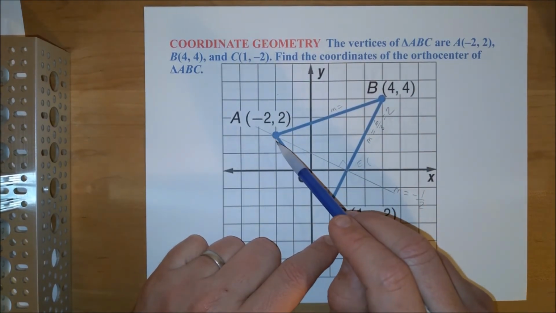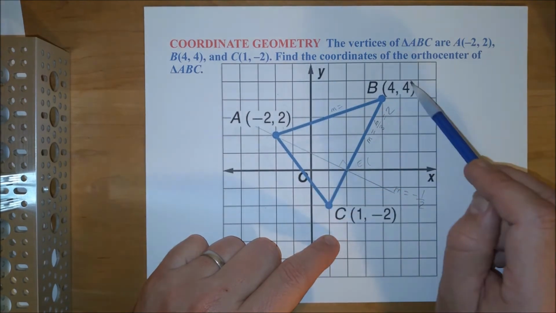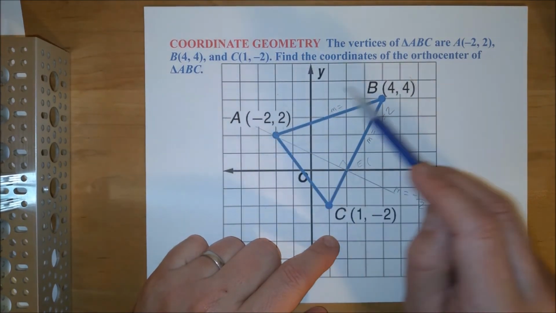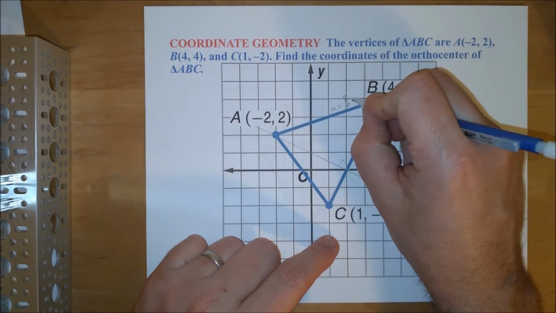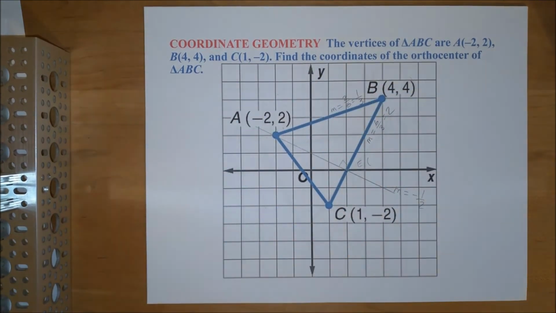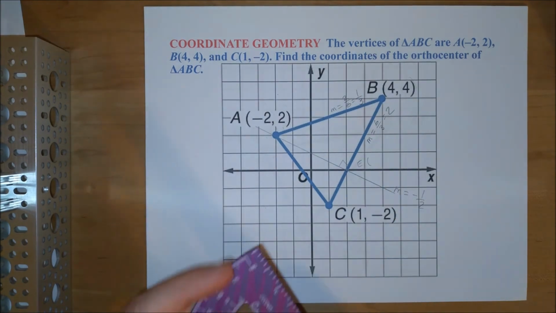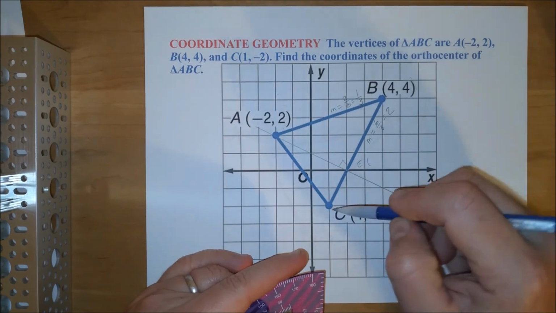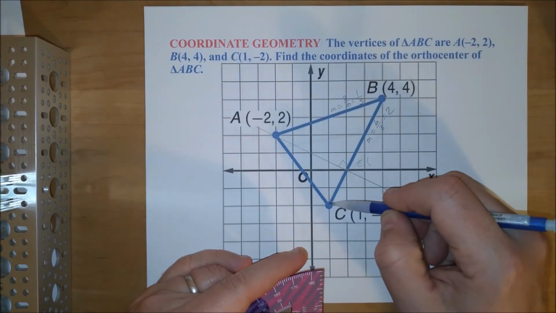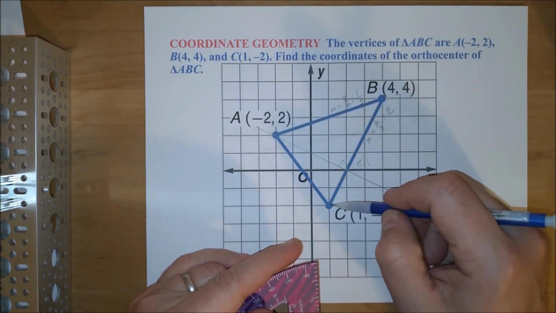My change in y is 2 units and my change in x is 6 units, so 2 over 6 simplifies to 1/3. That means the slope of my perpendicular line is the negative reciprocal of that: -3.